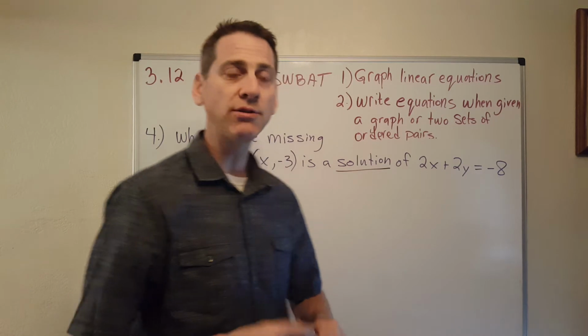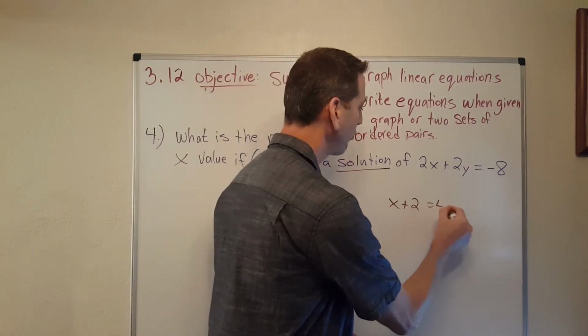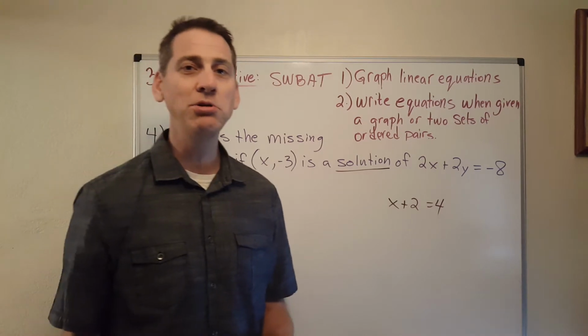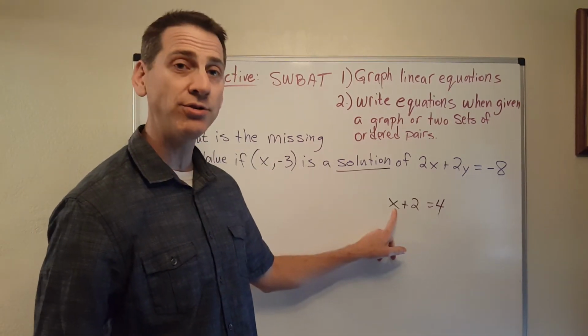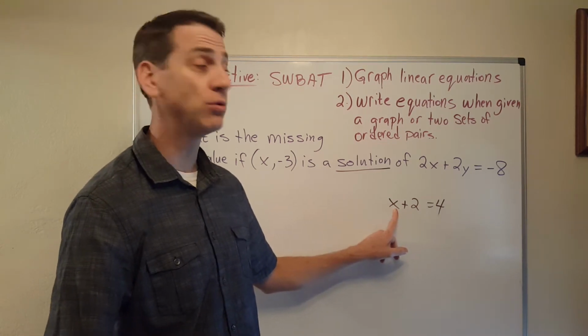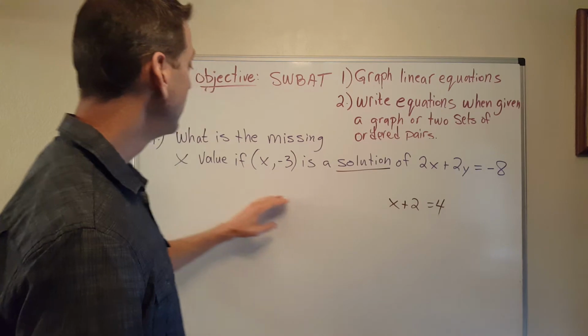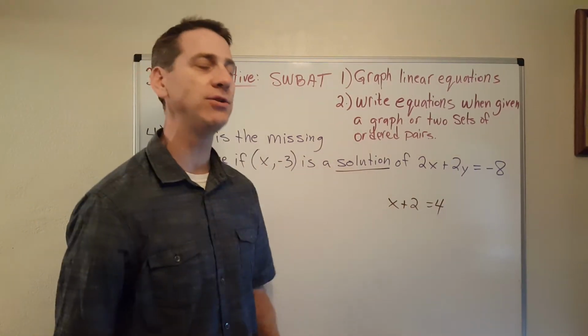For example, if I said x plus 2 equals 4, what's the value of x that makes the equation true? The solution would be 2, x equals 2. That's all a solution is.